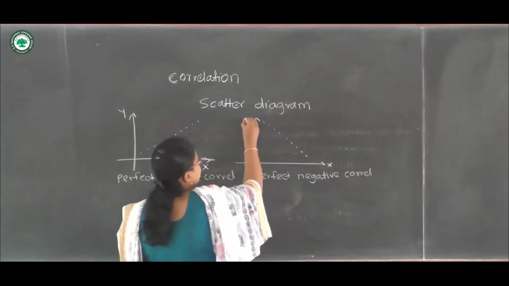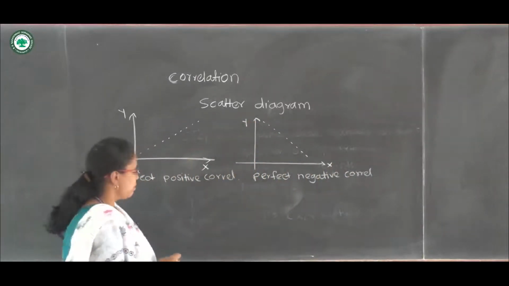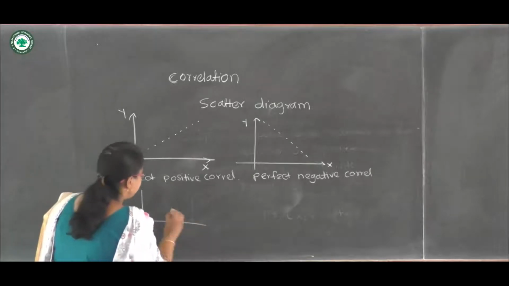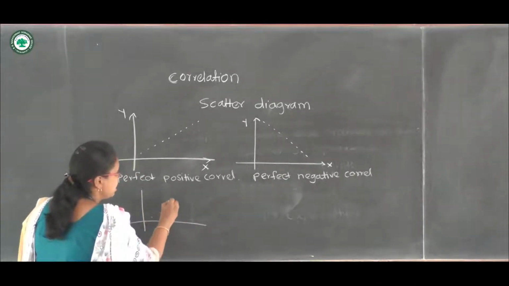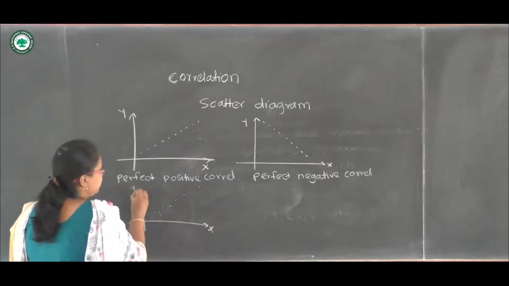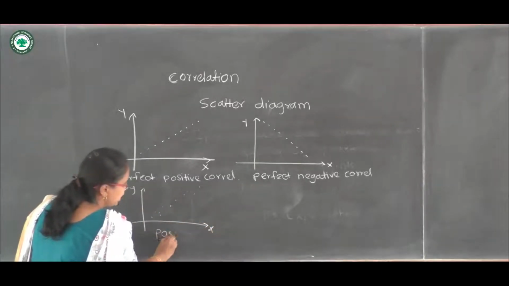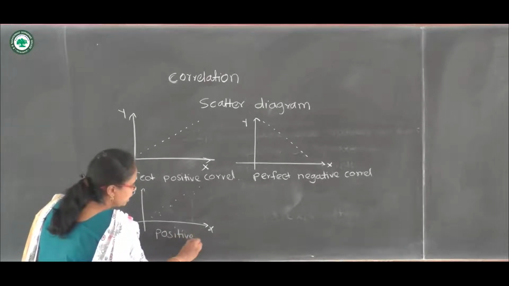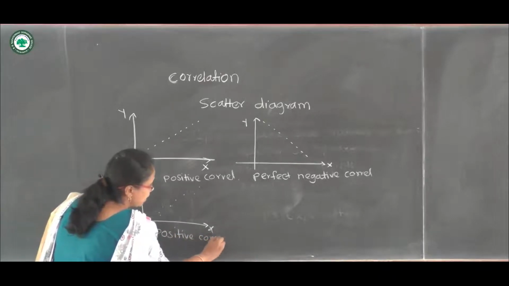between x and y. Also, if the pattern is increasing but not in a straight line, then we say that there is only a positive correlation between the two variables.